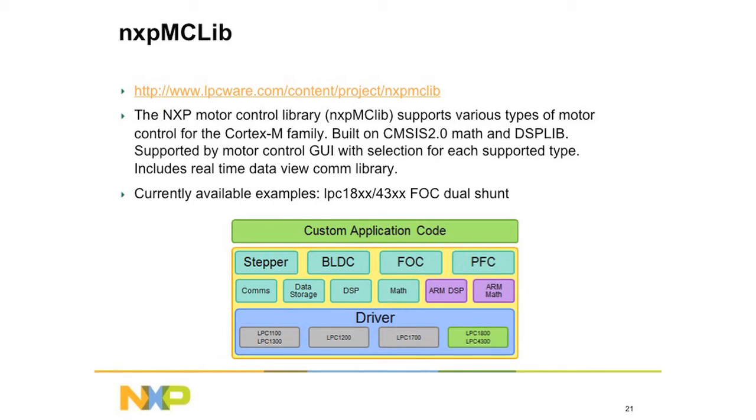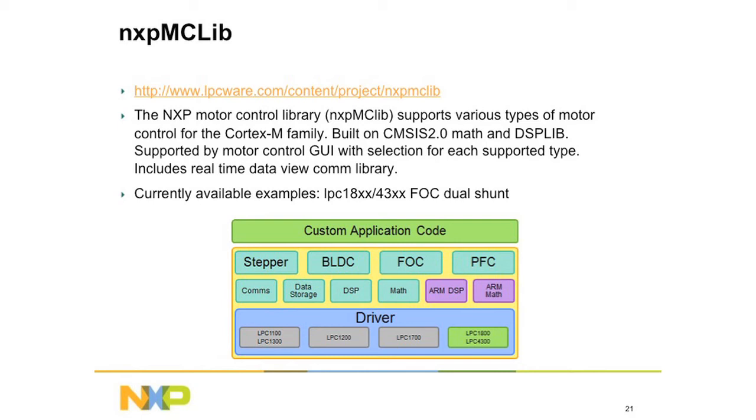This is another thing that we have available. This is not part of the open platform because it's a bit special. This is our motor control library. We have some development boards. We have an Expresso board in particular that is basically a reference design for motor control. And all of the code that we've written for that is based on this motor control library.